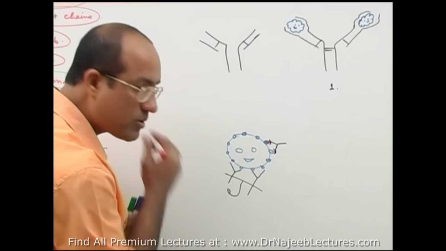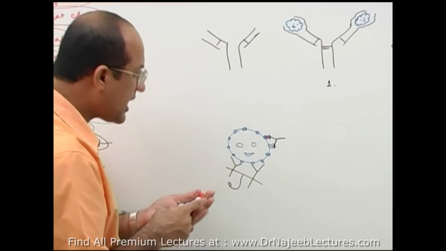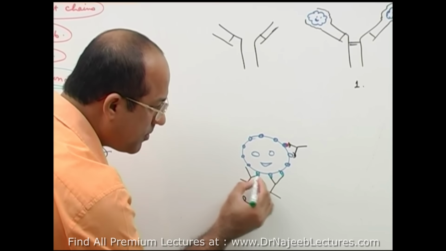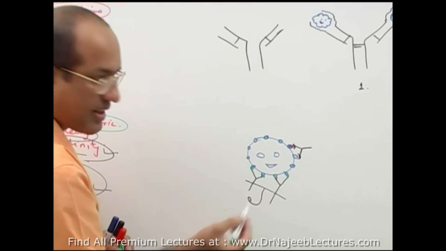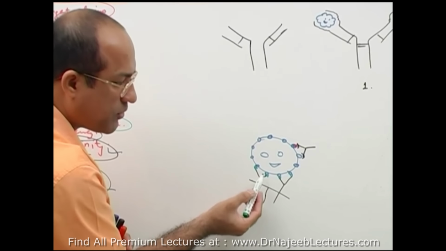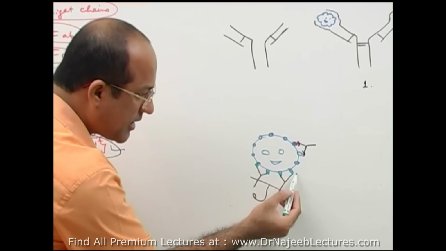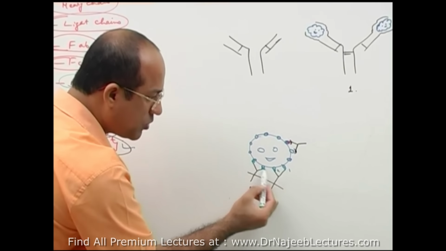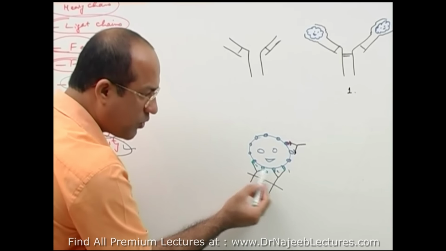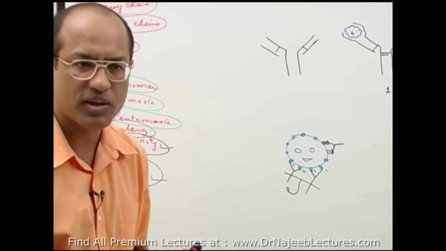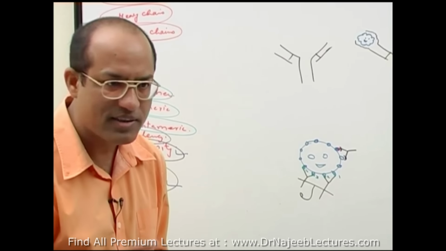But when we talk about avidity, we are actually looking at all the affinities in a group together. This binding force plus this binding force plus this binding force plus this binding force. Affinity at 1, affinity at 2, affinity at 3 and affinity at 4. All affinities together are called avidity.